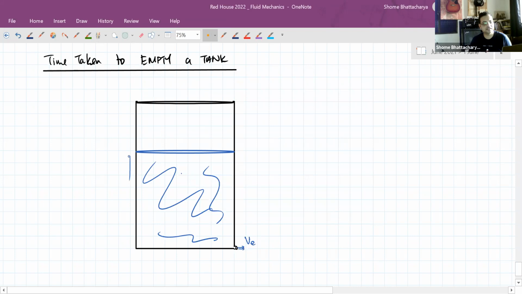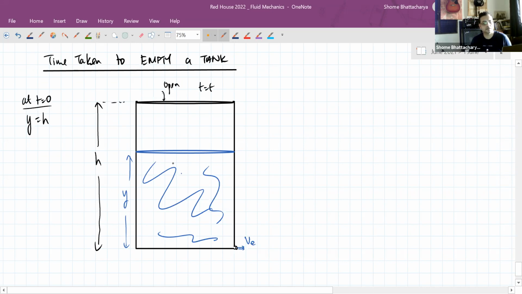So the instantaneous value of this speed of efflux. So this is at a general time t, let's say, whereas at t equal to 0, y was equal to h. So water was filled up to the top. This is an open tank.